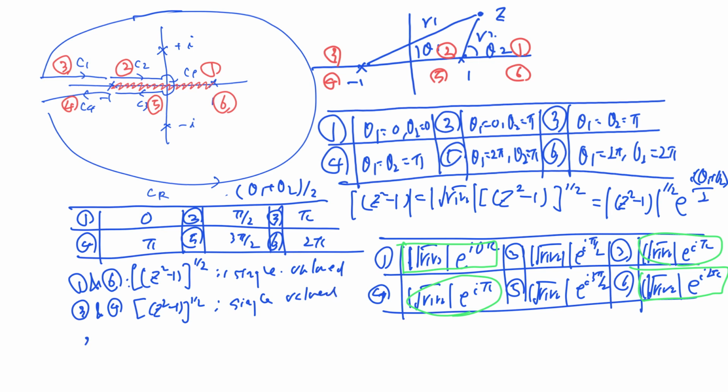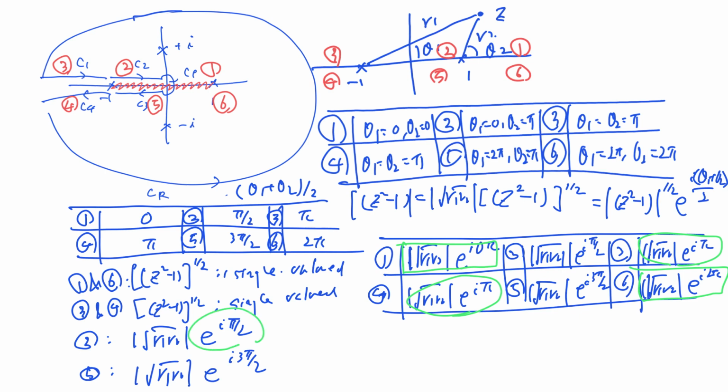How about 2, which is square root of r1 r2, exponential i pi over 2, and 5, square root of r1 r2, exponential i 3 pi over 2, right? So this is i, this is minus i.